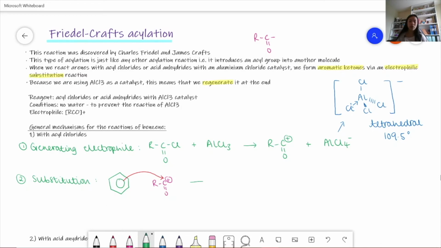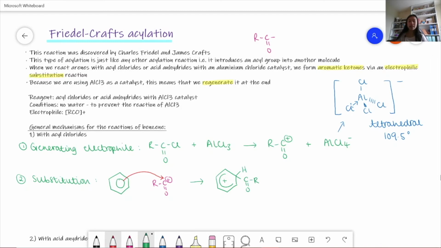And then what we form is we still have the hexagonal ring, but now we have broken the delocalized part of it. And we hone in on this carbon, so it's now bonded also to a carbon, double bond O, and an R group.